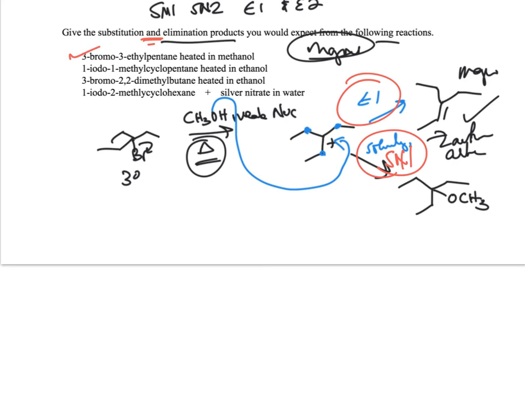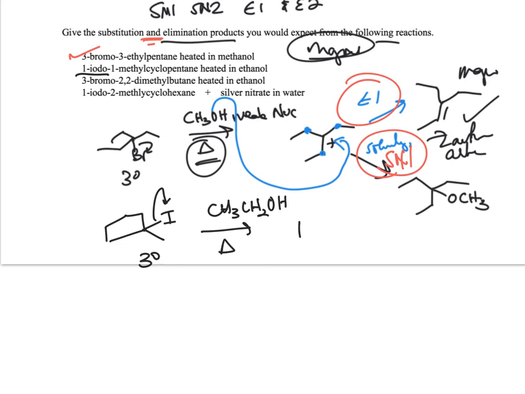Okay, so here we have cyclopentane, 1-methyl, 1-iodo. This is a tertiary alkyl halide, and you have a great leaving group, and it's heated in ethanol. You have a weak nucleophile. Iodide's going to leave. You can get your carbocation here. It will be stable.